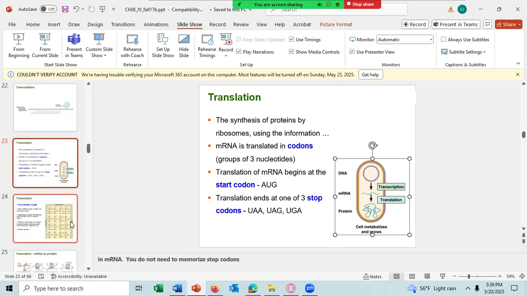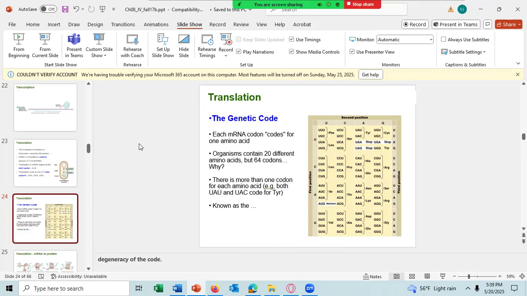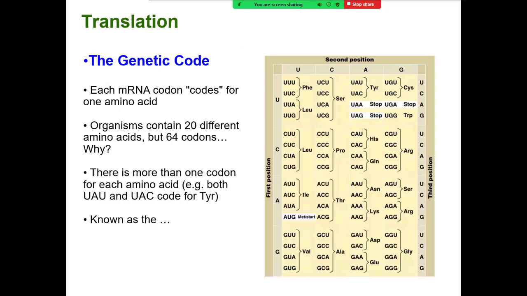All right, let's talk a little bit more about the codons. The genetic information in the messenger RNA is read in groups of 3. We call it a codon. So each codon codes for one amino acid. But organisms typically have about 20 different amino acids. Humans have exactly 20 amino acids.